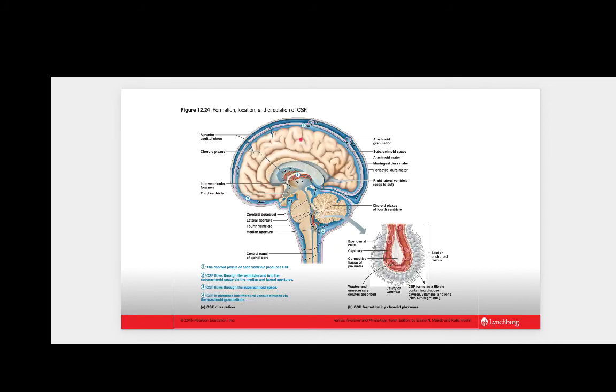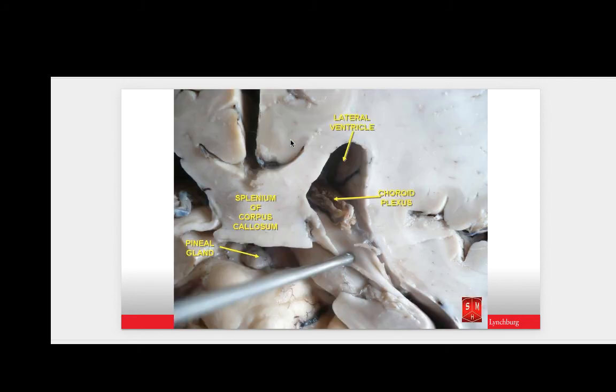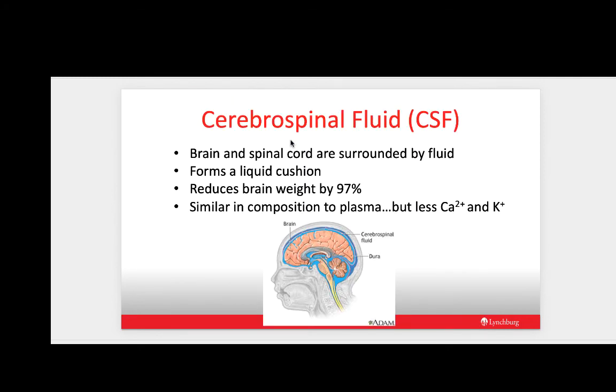Okay, and this is how you can see the flow of cerebrospinal fluid throughout all of the ventricles, and even around the brain, and it's basically bathed in cerebrospinal fluid. And what this does is it forms a cushion.